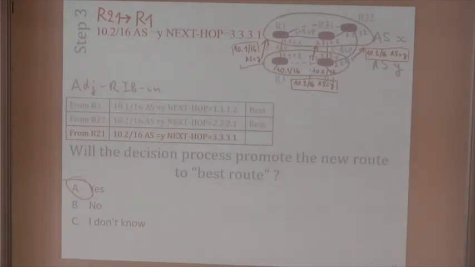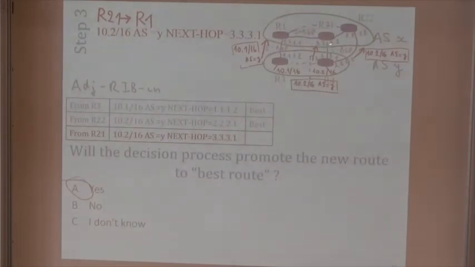So the clause that says eBGP is preferred does not apply, so we go to the next criterion, and the next criterion says shortest distance according to the IGP, shortest distance to next hop. This means here R1 will pick of those two routes, this and that, the one that has the shortest distance to the next hop.